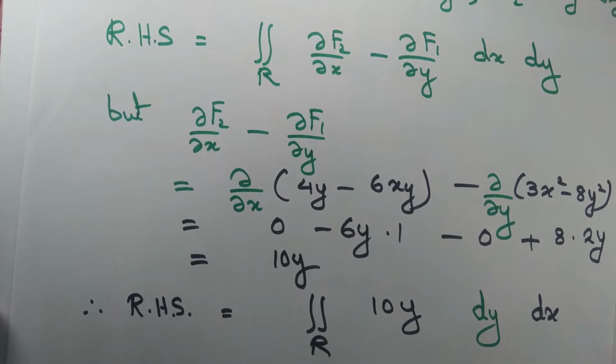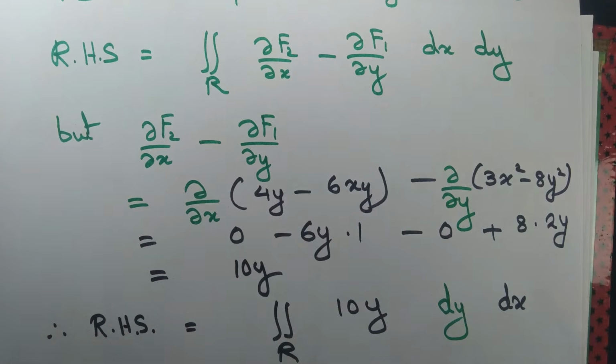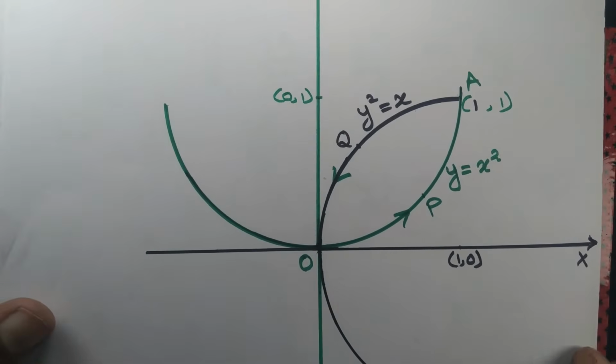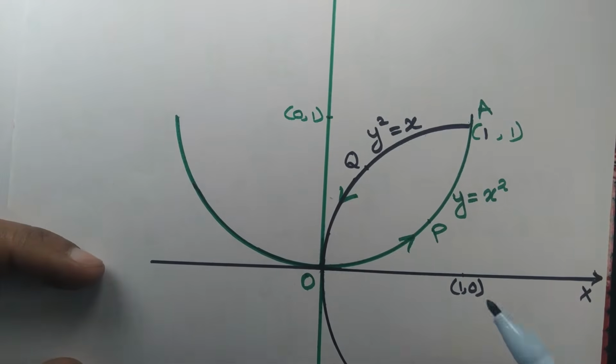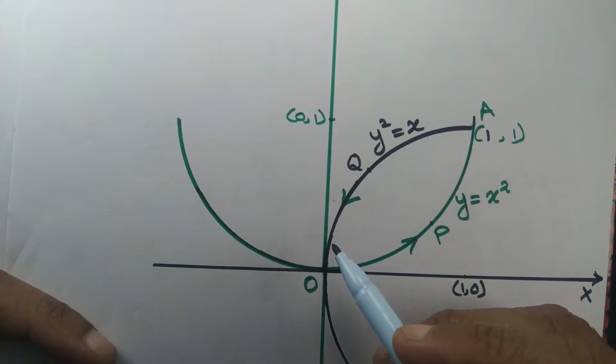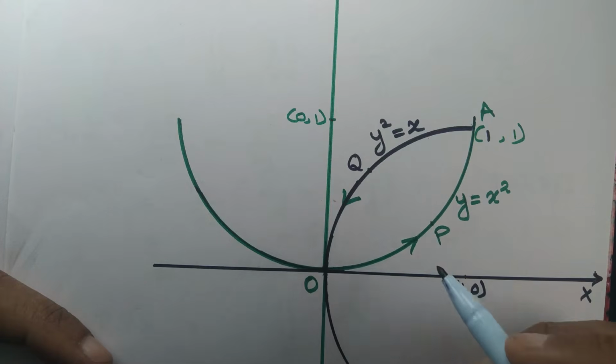Now we need to exactly cover the region, so let's look at the region once again. The region is enclosed by the parabola y equal to x square and y square equal to x. So let's try to exactly cover this region.